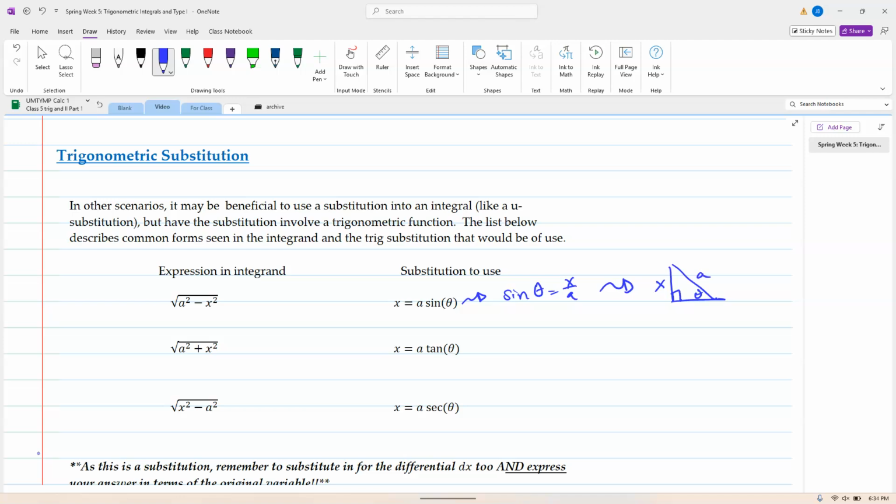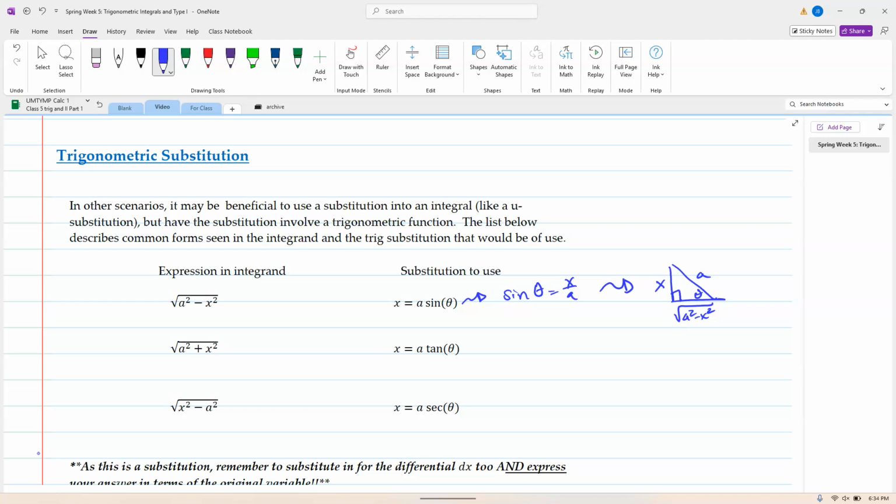And then maybe in the course of our evaluation, we could have a series of inverse trig functions, so we might actually need to know this other side, which is the square root of a squared minus x squared.